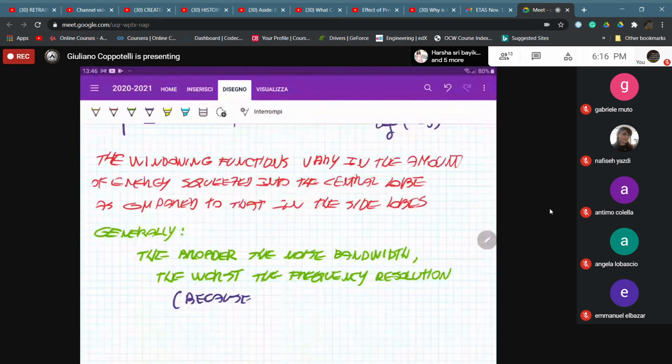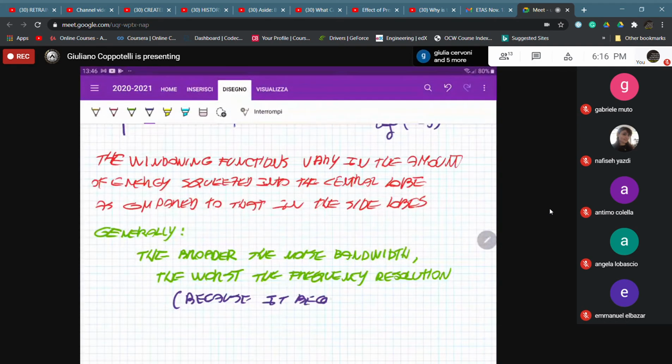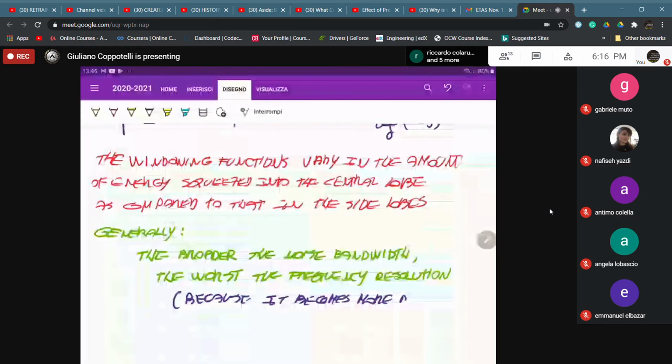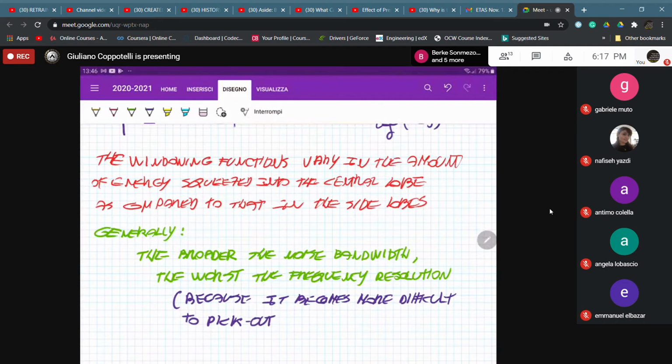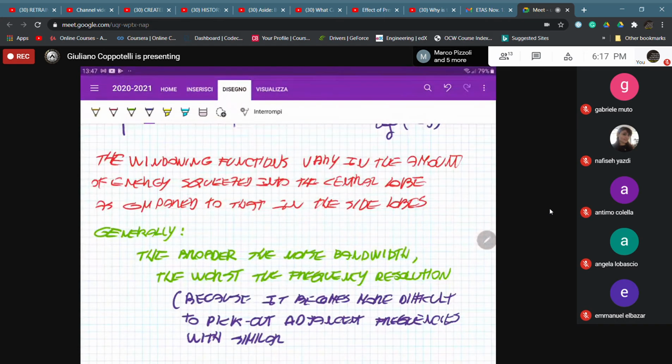Because it becomes more difficult to pick out adjacent frequencies with similar amplitudes.